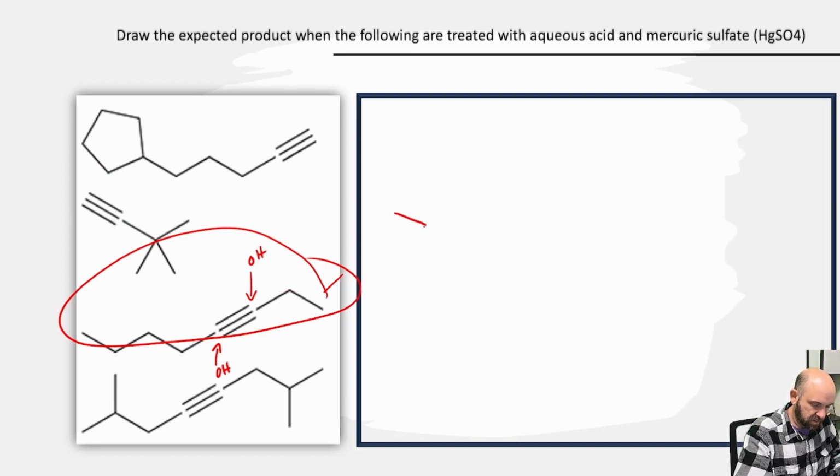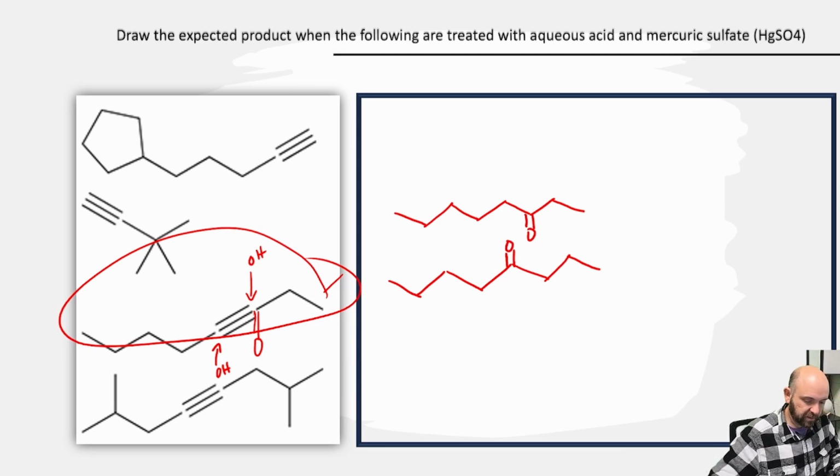So if we draw a couple of 8-carbon chains, in one of the products we should have a double bonded O on the third carbon, and in another one, we should have it on the fourth carbon. So one of our products would look like this, and one would look like that. That might not be a very useful reaction because we would get a mixture of products.